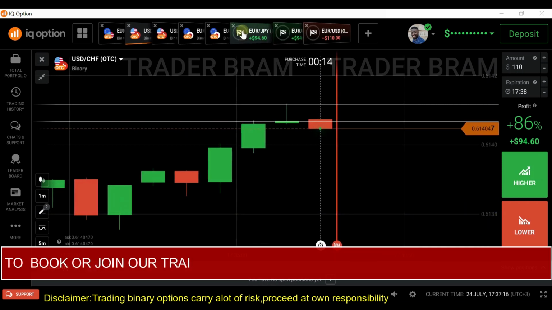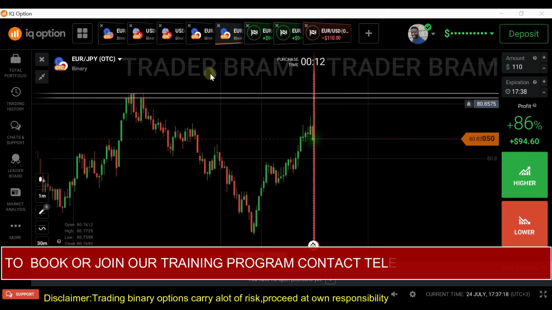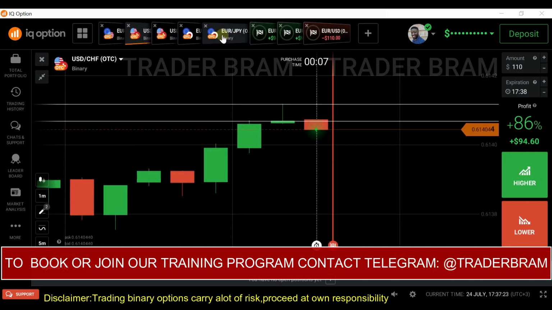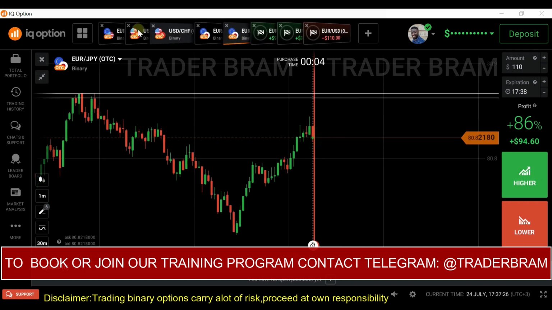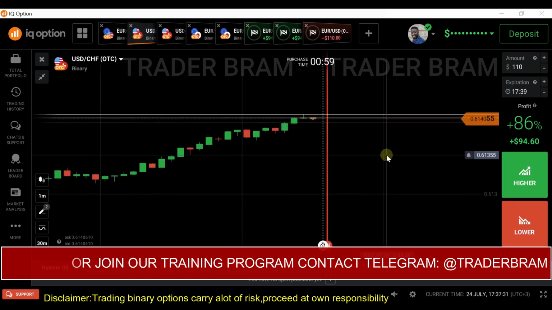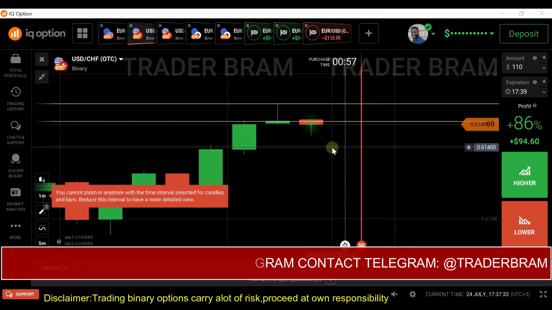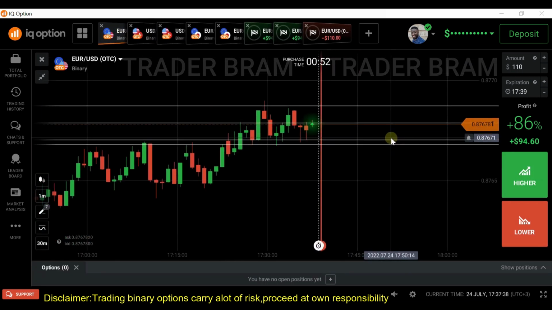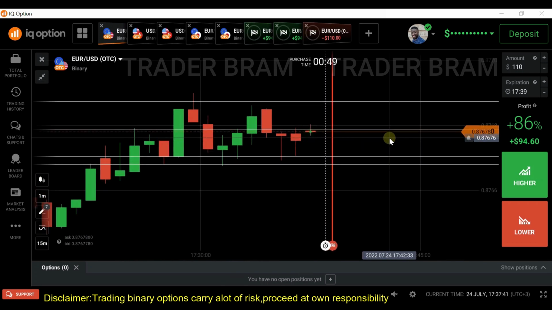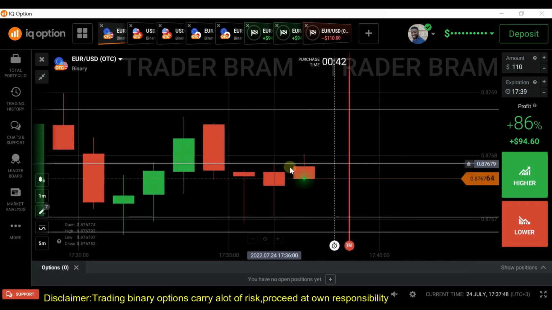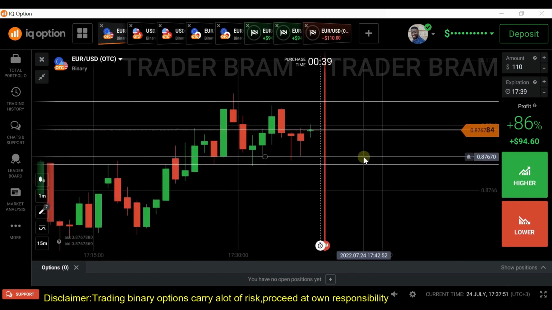I'll wait for this next candle to close. You can see rejection from our level of support and resistance.